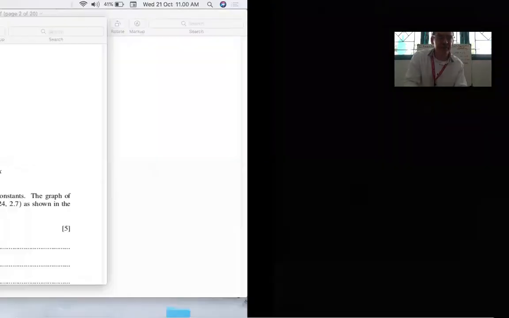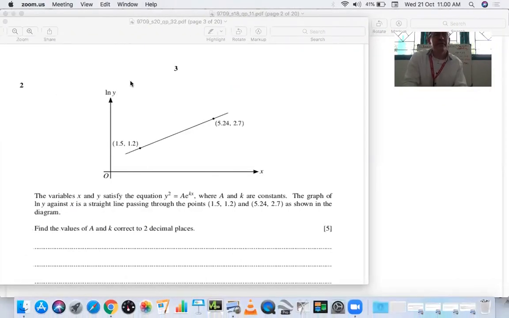Okay, let's look at our last example for this video. Notice this one is from the summer 2020, paper 32. So this is in the new syllabus cycle, and you can see that already they have asked a modeling type question.